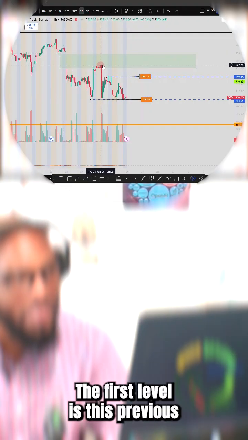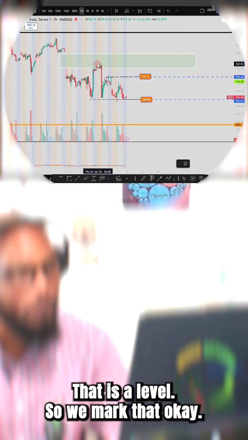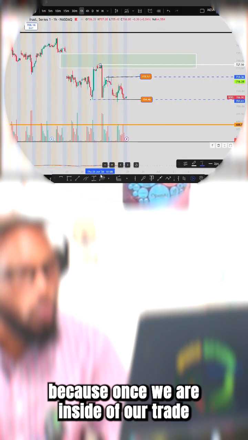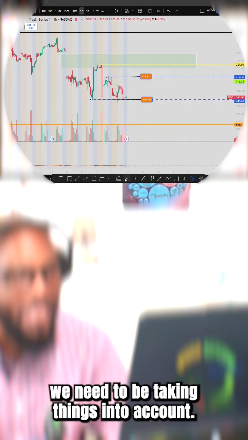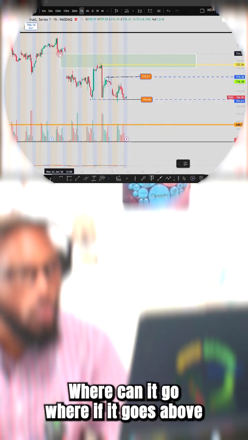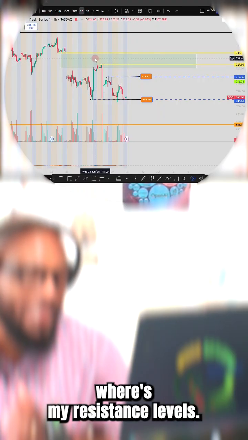The first level is this previous high here, 727, and above, previous low. That is a level. So we mark that. Okay, that is important because once we are inside of our trade, we need to be taking things into account. Where can it go? If it goes above, where are my resistance levels?